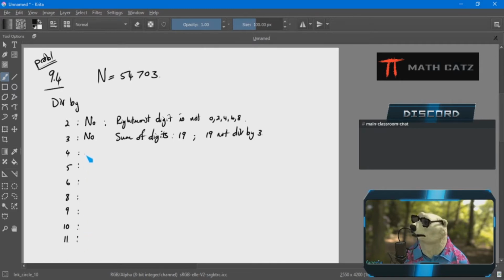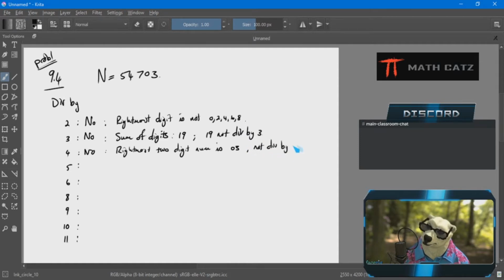For 4, it's going to be a no as well because the rightmost 2-digit number, I'll say, is 03. Maybe that was a terrible example. And that is not divisible by 4.